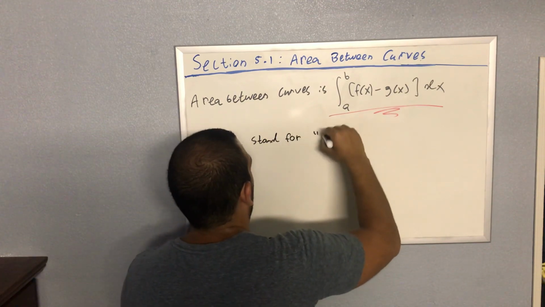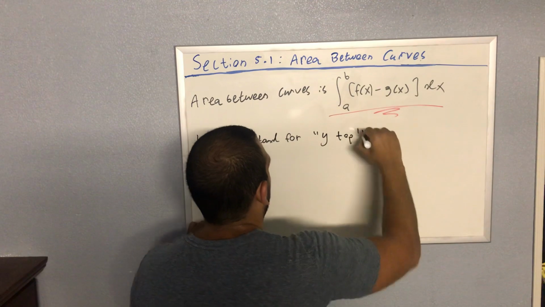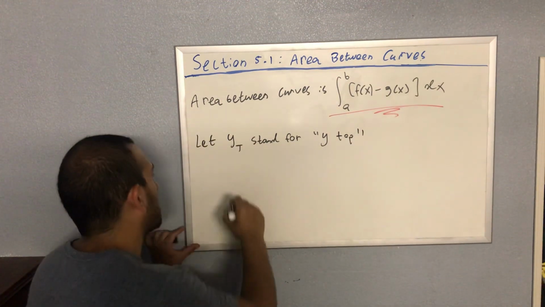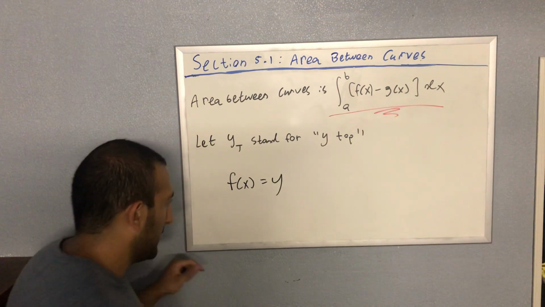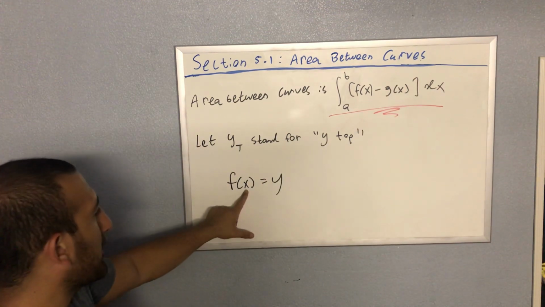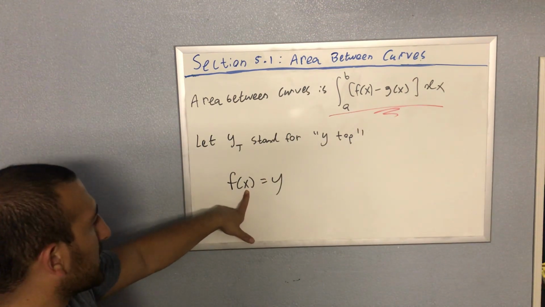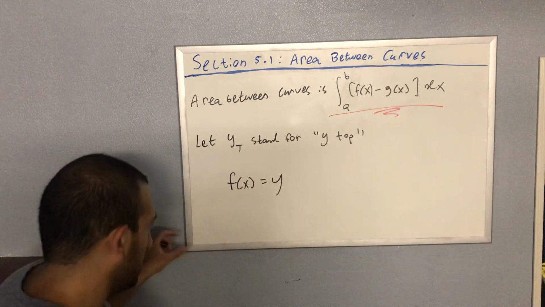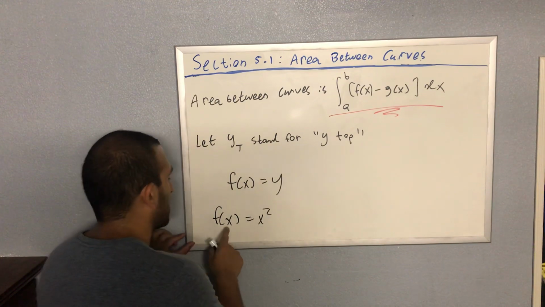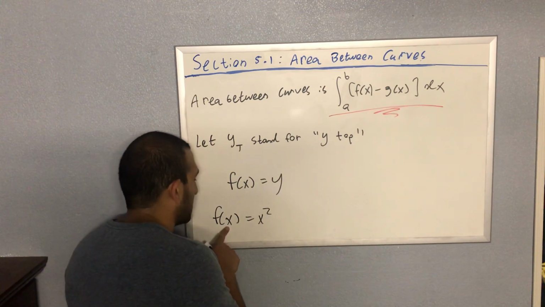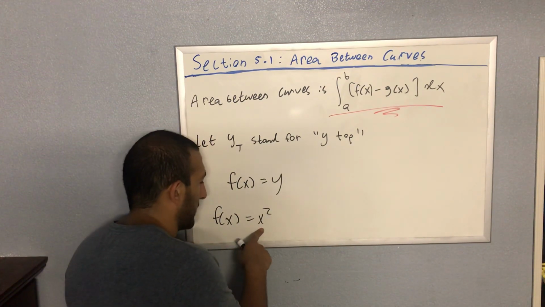for y top. So, if you have a function f of x, that gives you some y coordinate. For every input x, you get some y coordinate. For example, if your function is x squared, if I stick 1 in for x, you get a y coordinate of 1 squared.